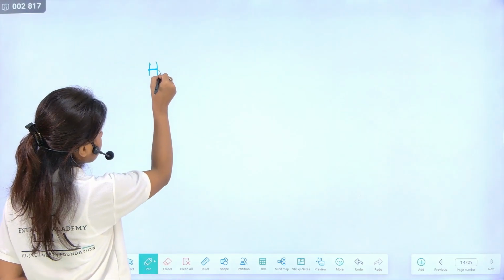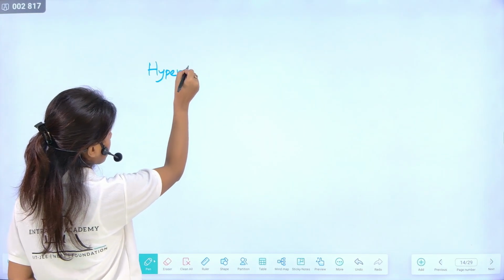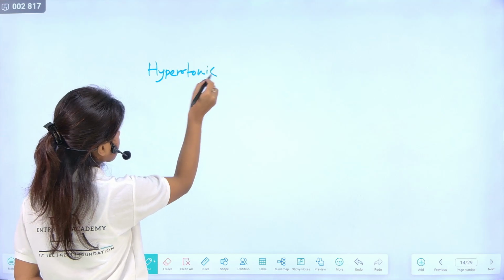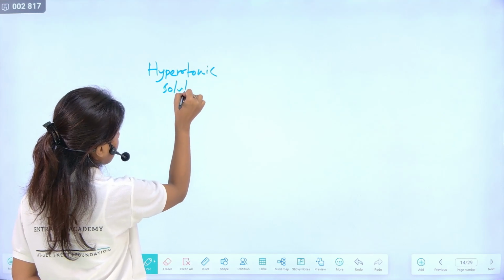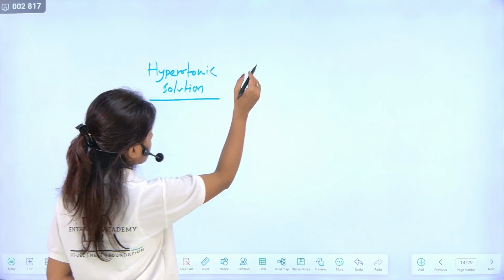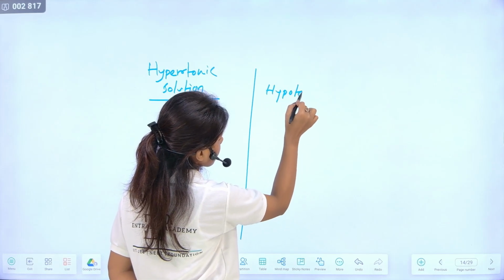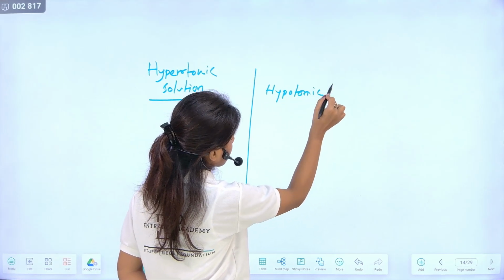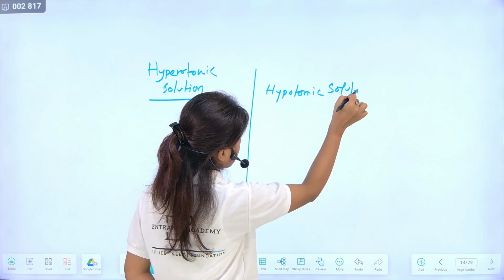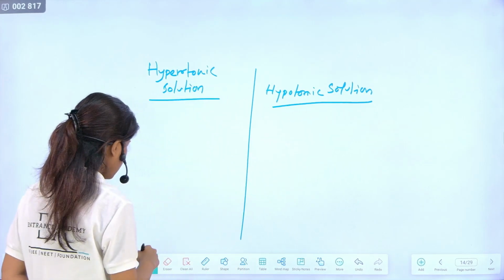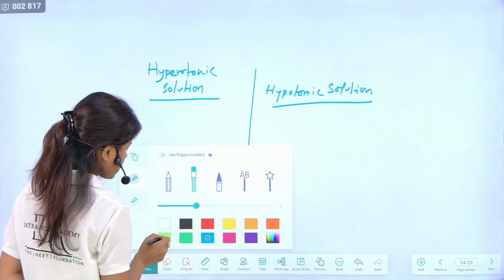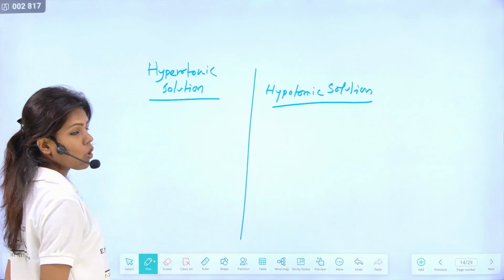What is the basic difference between a hypertonic and hypotonic solution? For example, here I am taking a hypertonic solution, and on this side, a hypotonic solution. So in a solution, as we know, there are two parts. One is solute, another one is solvent.